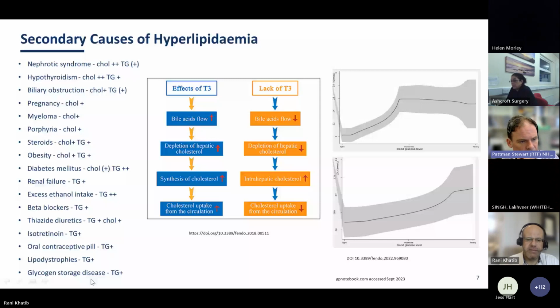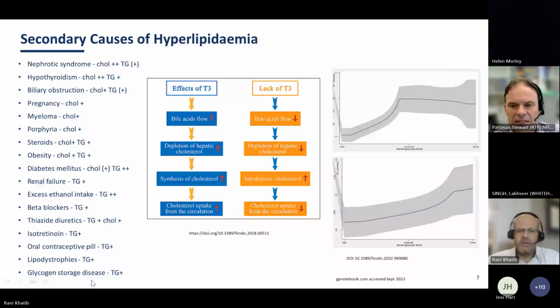Interestingly, I often get asked around hypothyroidism, what level of TSH, say, would explain a high cholesterol, and there's no direct correlation with this, but usually what you find is someone who has been hypothyroid for a longer period of time would tend to have a higher cholesterol level.